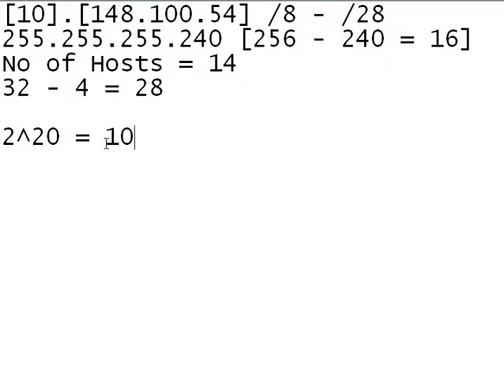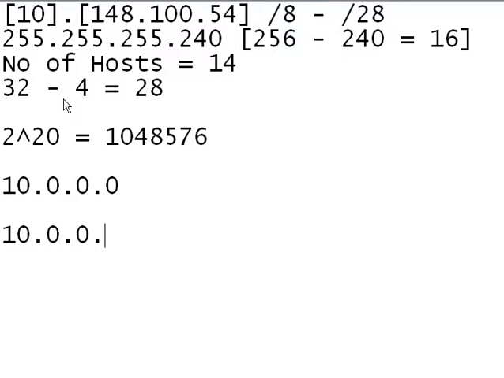So how do the subnetworks look? Let's take 10.0.0.0. This is the first subnetwork. Then 10.0.0.16, 10.0.0.32, like that.